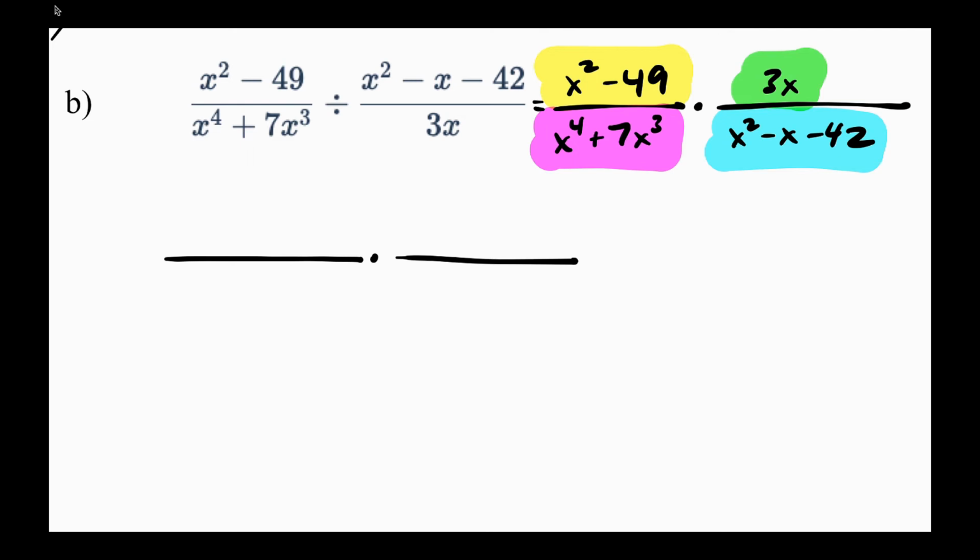Does it have a GCF? Does the yellow have a GCF? No, it does not. So, is it difference of squares? Yes, it is. The yellow is definitely difference of squares. So, it's going to be x plus something and x minus something. What is that something going to be? 7, because 7 times 7 makes 49.